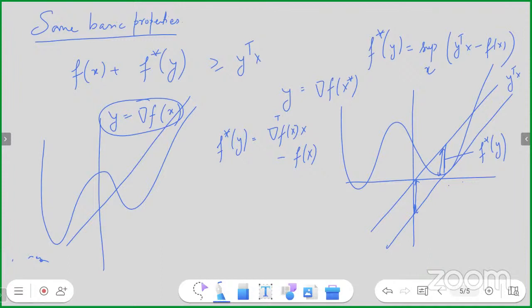Now, is there an interpretation of what f star of y is in terms of x times the gradient minus f of x? If you don't like this nasty function, you can think of any nicer function. Let's say x squared.